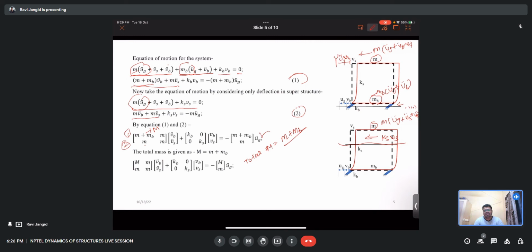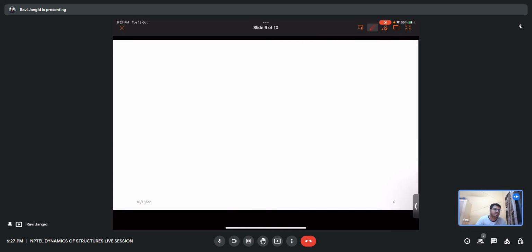And we have taken a factor which will be used in the upcoming solution, gamma, which is the mass of the superstructure divided by the total mass. That will be used further. So that is the ratio, the mass of the superstructure m divided by the capital M, which is the total mass. Now we are going to calculate the eigenvalue as well as the eigenvector.